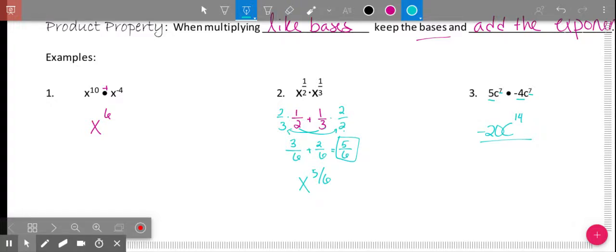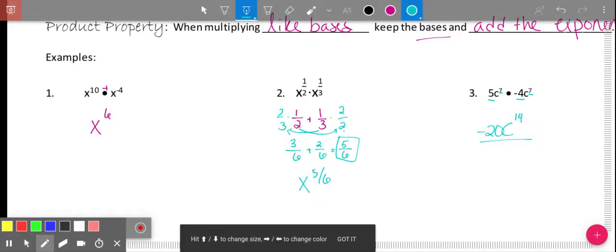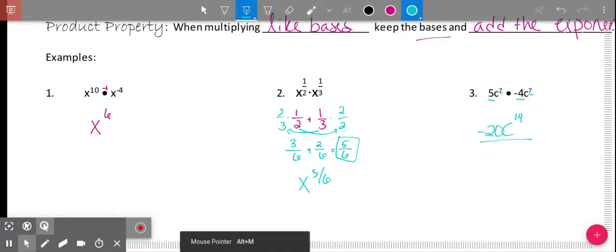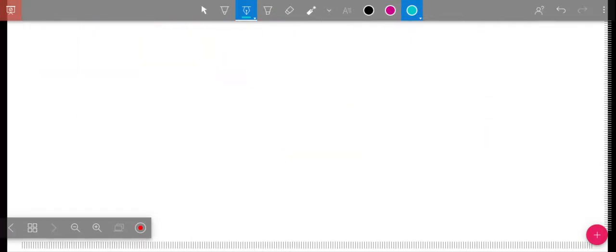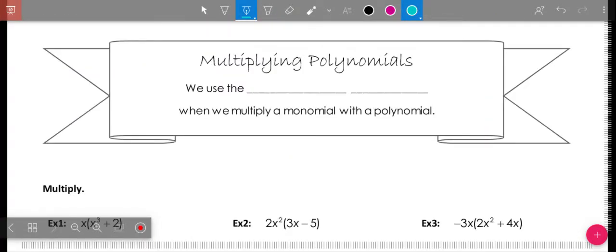Now, when we're looking at this, it really kind of turns into what are we actually going to be doing with this stuff? What's this leading us up to? So if we flip over to the back page, okay, if I look over at the back page, when we are really going to be multiplying polynomials, this is when we're going to use the product property.